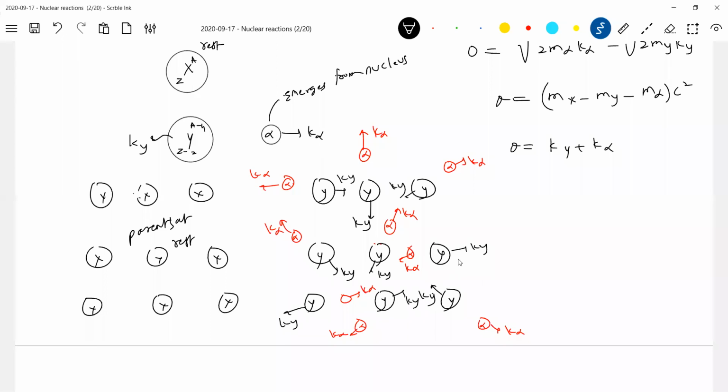So shall we put: monoenergetic, in an active alpha decay sample, the kinetic energy of all emitted alpha particles will be the same.